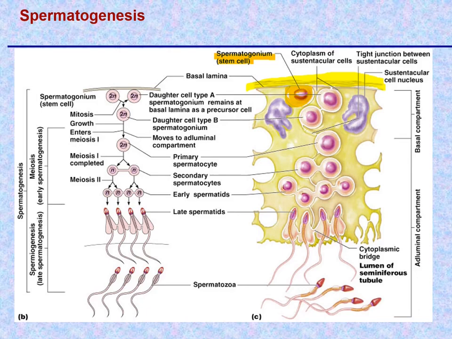Here at the opposite extreme, inside the central space, you have release of the mature or almost mature sperm cells, spermatozoa. They still have a few things to go through to be motile, but they're fully formed.